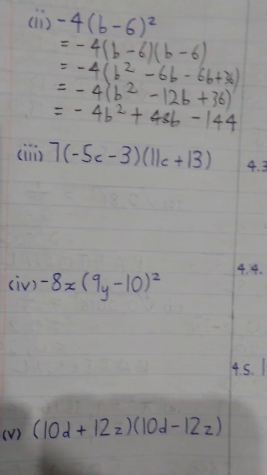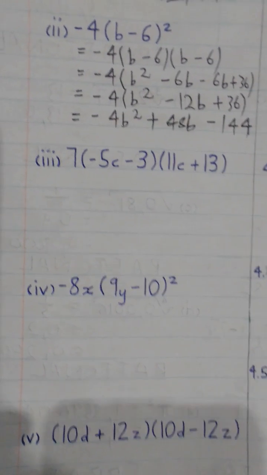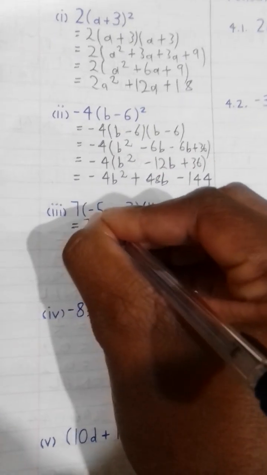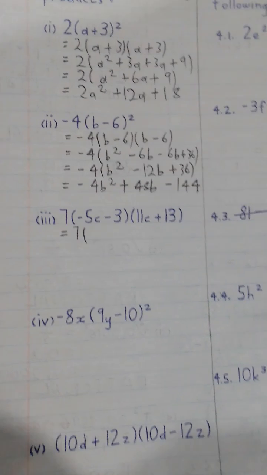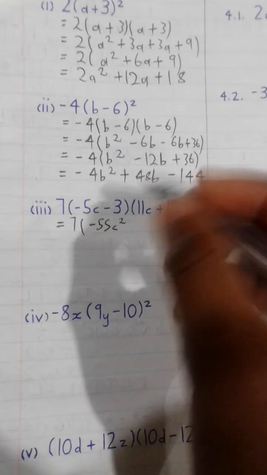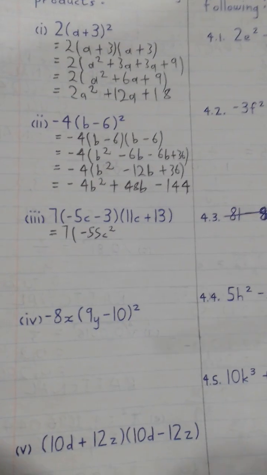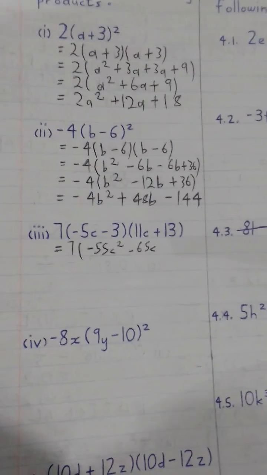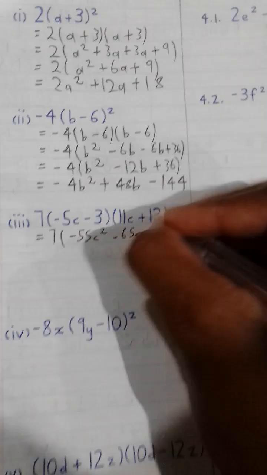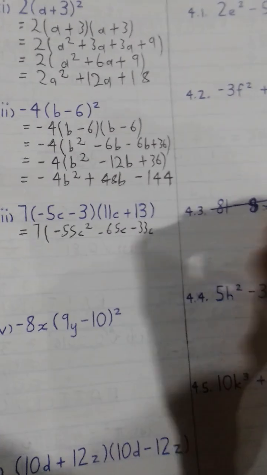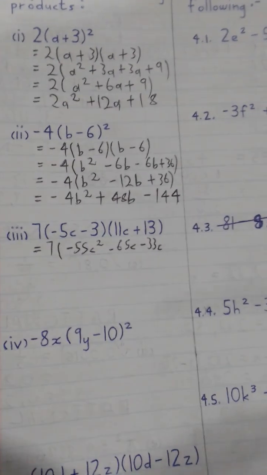Roman numeral number 3, 7 open bracket negative 5c minus 3 close bracket open bracket 11c plus 13 close bracket. 7, negative 5c times 11c, negative 5 times 11, negative 55c squared, negative 5c times 13, negative 65c, then negative 3 times 11, negative 33c, negative 3 times 13, negative 39.